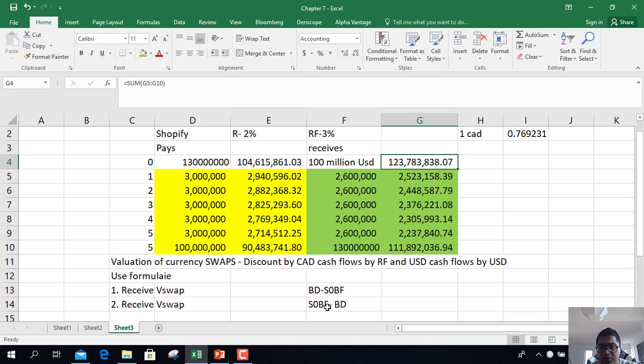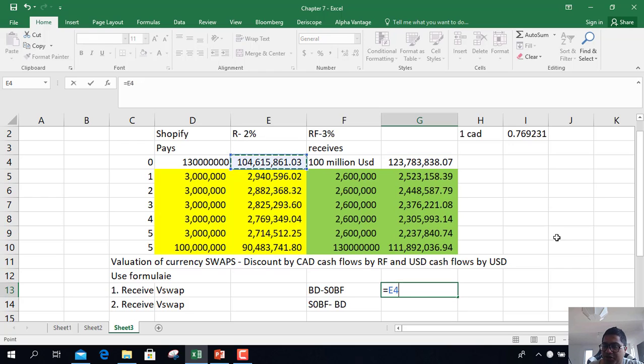Now what do you do? You use this formula. The formula is present value in US dollars minus exchange rate into present value in Canadian dollars.